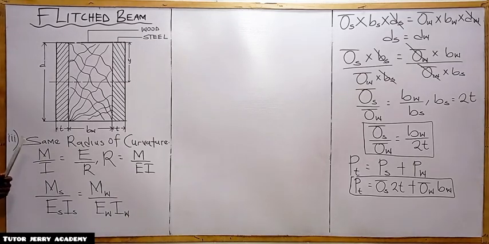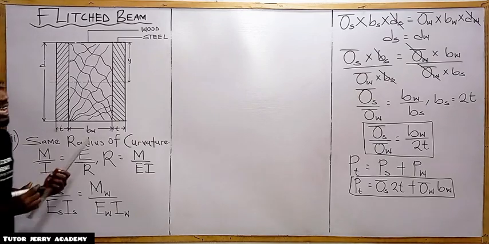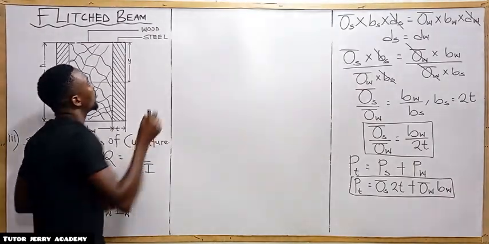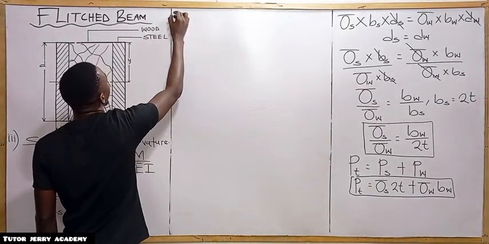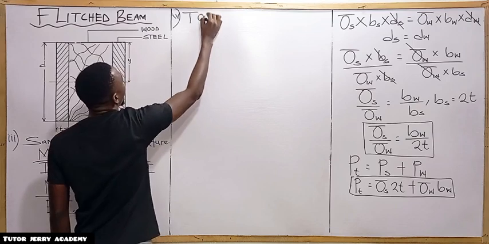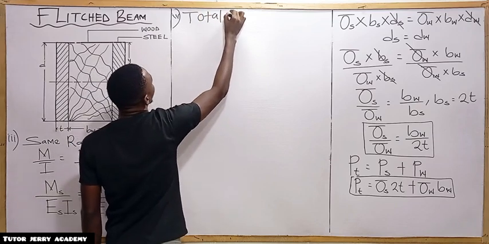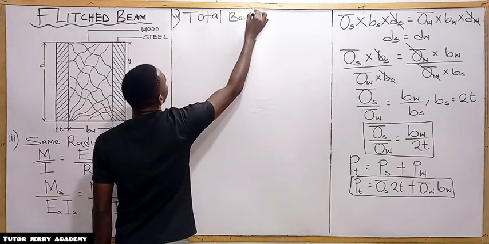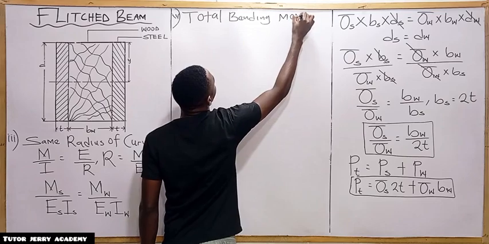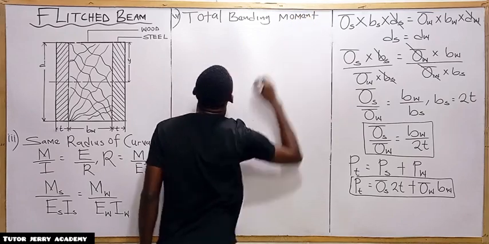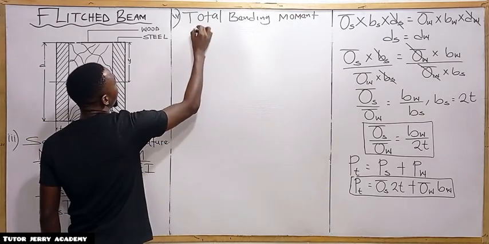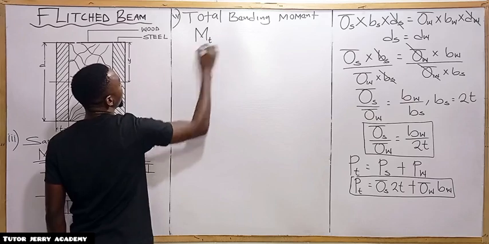So the fourth thing that you need to note here is the total bending moment. So let's go for the total bending moment. The total bending moment of a flitched beam is denoted with M, so you can just put T here.